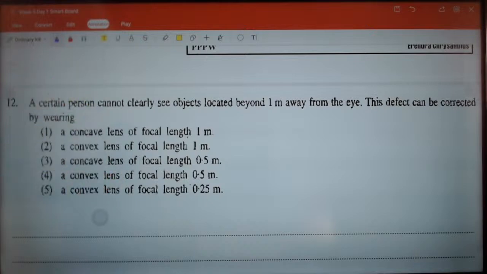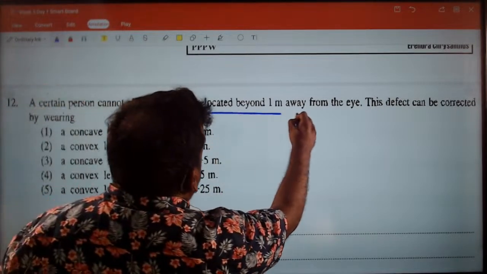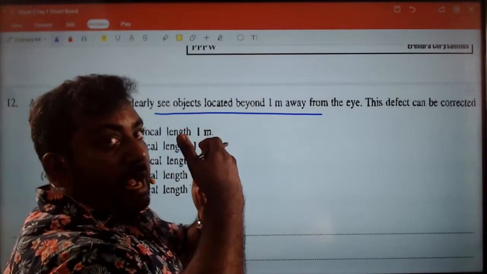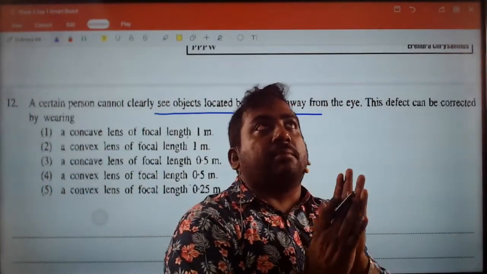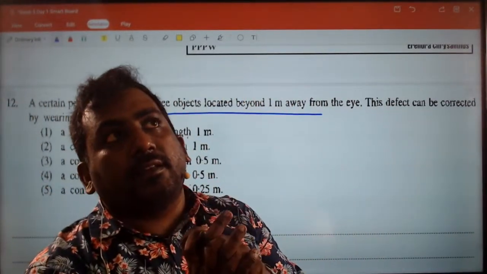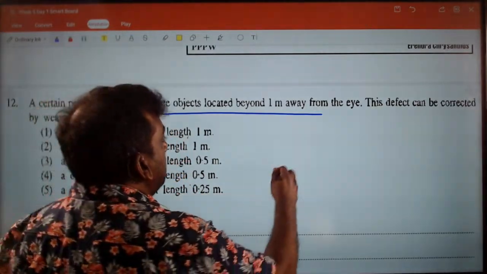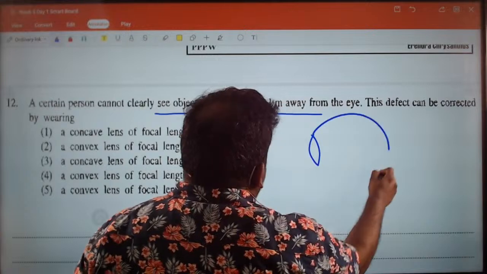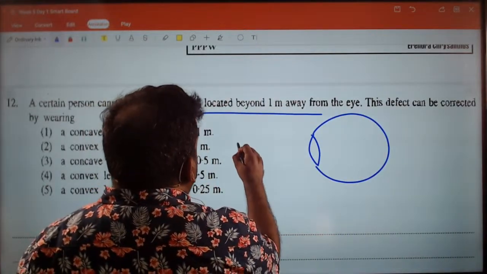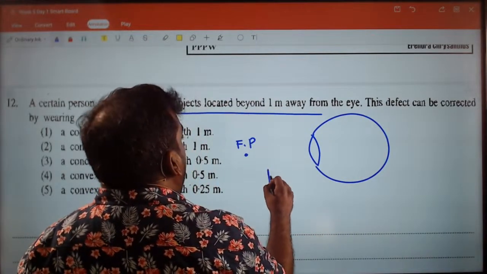Next one. A certain person cannot clearly see objects located beyond 1 meter. Can't see beyond 1 meter means what? Short-sighted or long-sighted? Short-sighted. Right. So here you go, the far point of the eye is 1 meter. Okay.